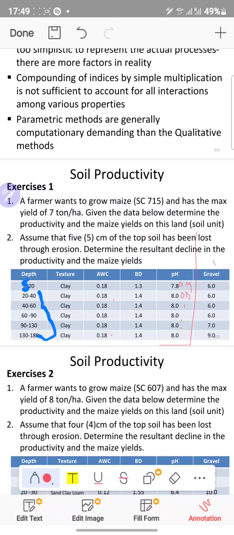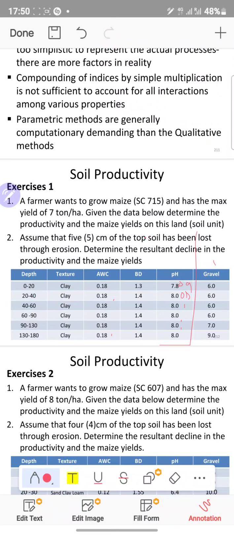Maintaining the space between the intervals, the answer will be the same. So you can say 5 to 20 to 25, then 25 to 45, just like that. But you can just leave these the way they are and start from 5 to 20. The answer will be the same. After recalculating, you can multiply and find the same. So try it out and let me know if you have more challenges.